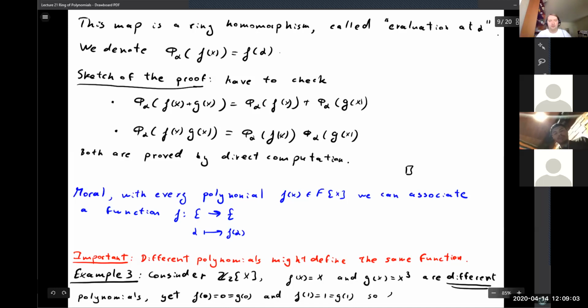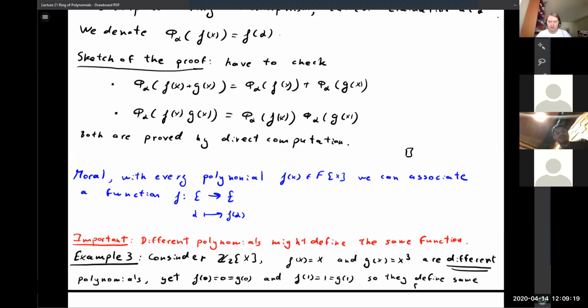So the associated functions are the same. They define the same function.